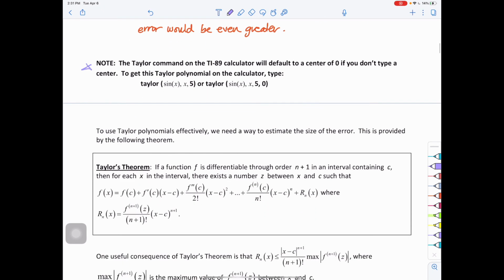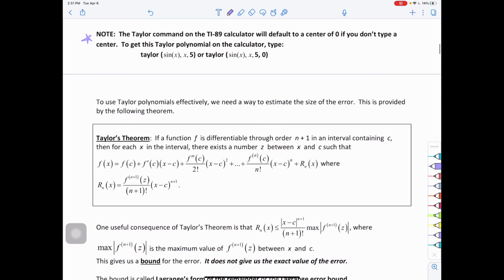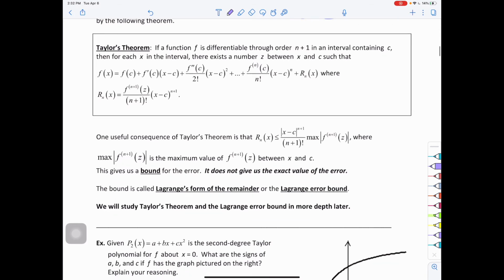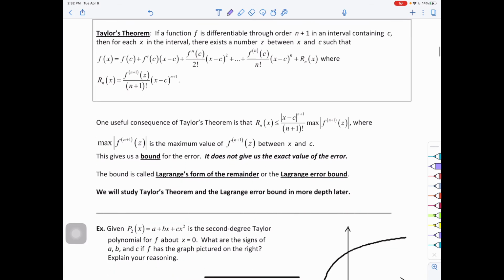Here are some more TI-89 notes if that's what you are using. To use Taylor polynomials effectively, we need a way to estimate the size of the error, and this is provided by Taylor's theorem. And it goes like this.